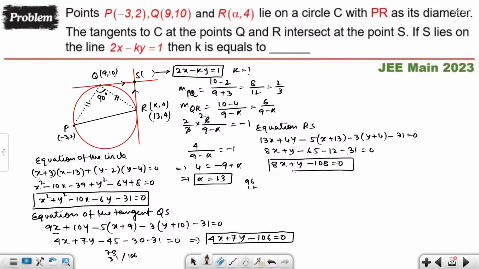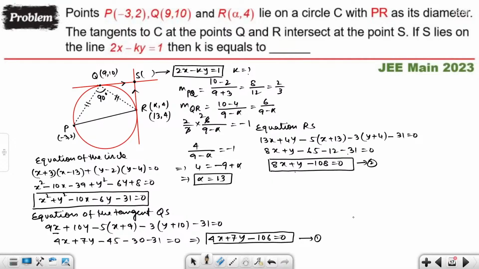So this is the equation of your tangent RS. Clear? Now, to find out the coordinate of S, I will simply solve these two equations, because these are the two equations of the two tangents QS and RS respectively. And if we solve it, we are going to get the coordinate of S.